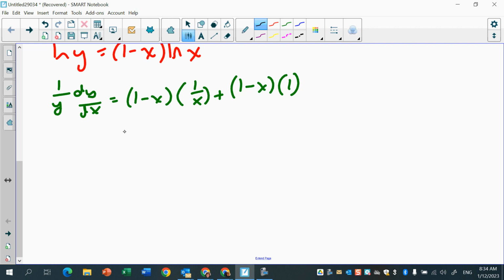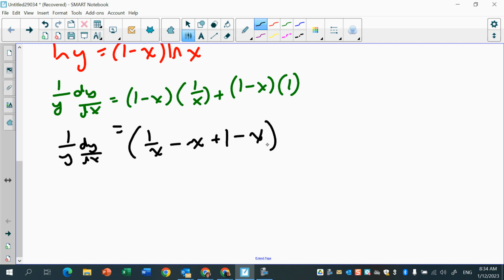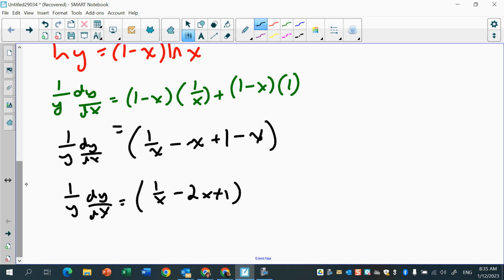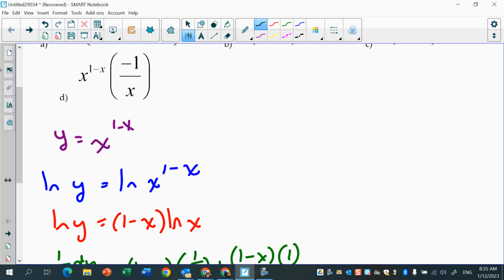I could distribute, and I get 1 over y dy dx equals 1 over x minus 2x plus 1.